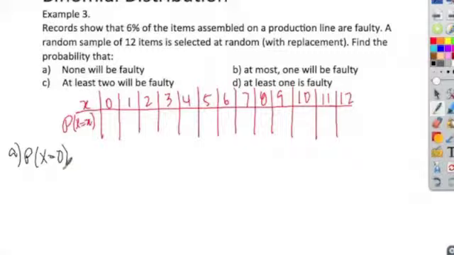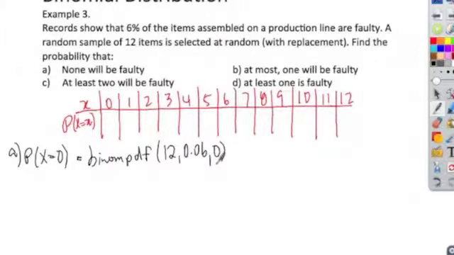All right. Again, this is a particular probability, so we can just simply enter binom PDF, all right, and it is 12 trials, probability of success on each trial. Again, success in this case is that it will be faulty. That's a success, okay, and then 0.